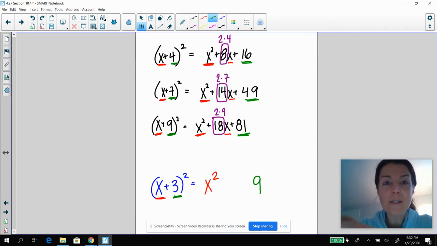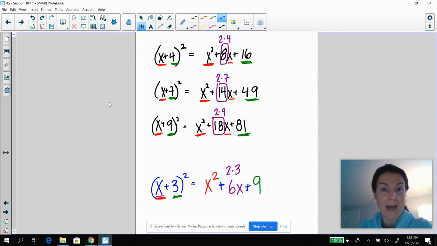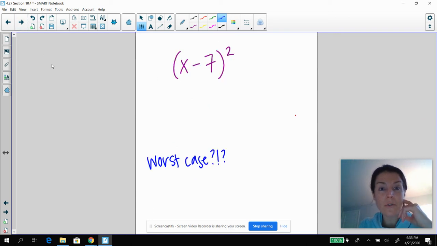And then for our center term, we take twice 3, so 2 times 3, which we know is 6, and then multiply it by this first term. And you're done. I know that seems kind of crazy, but on this next slide I want you to pause and try this on your own using our pattern.